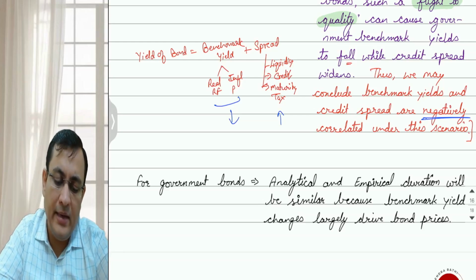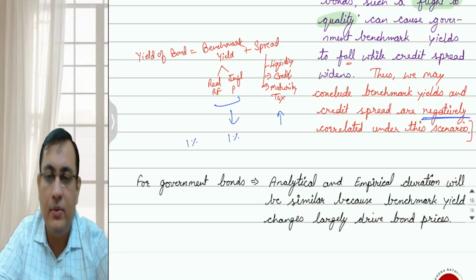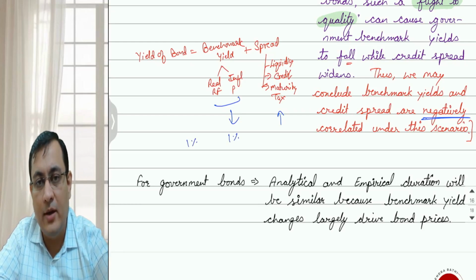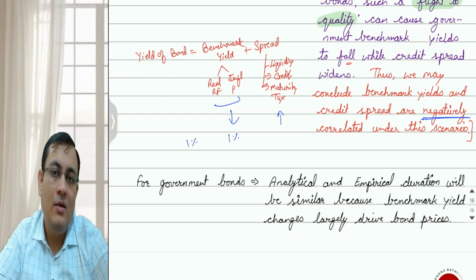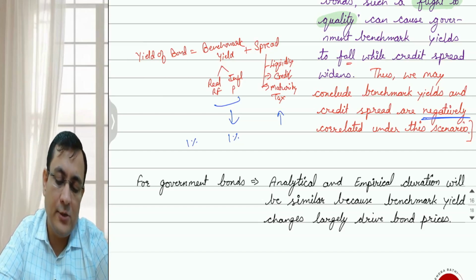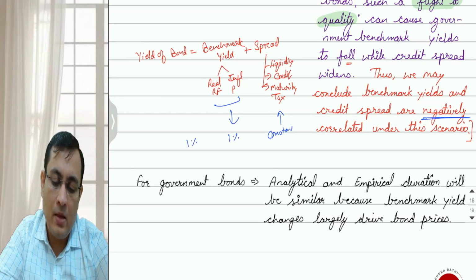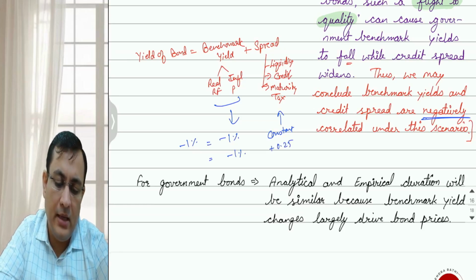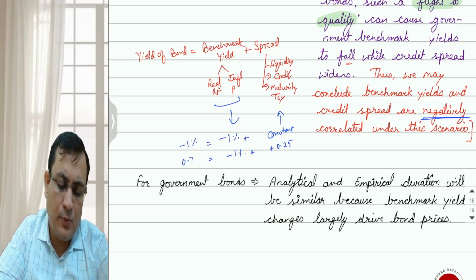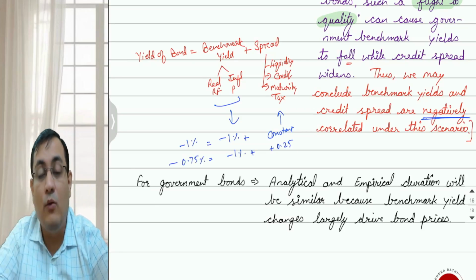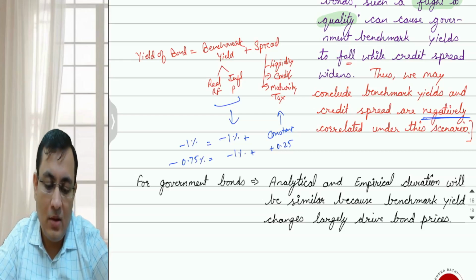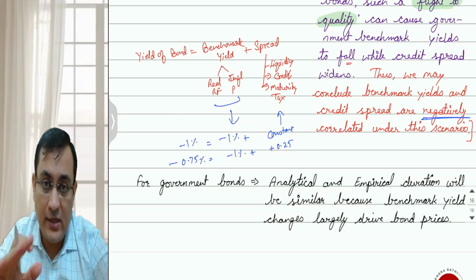So if benchmark yield is going up, your yield is also going up, and yield and duration are inversely related. But now, if the benchmark yield is going down by 1%, the spread is going up by 0.25%. The overall effect on the yield is 0.75% negative only. So yield is going down by only 0.75. So it is offsetting.